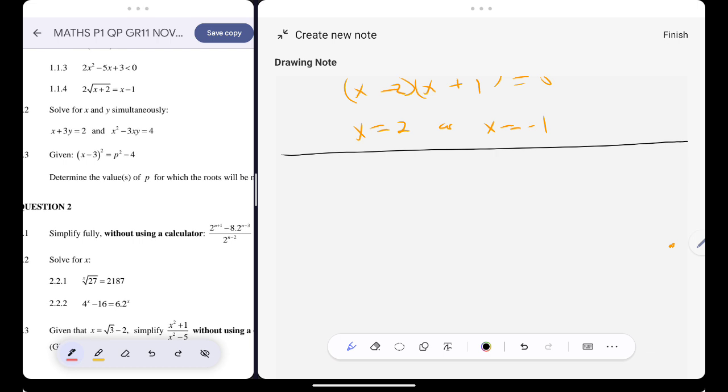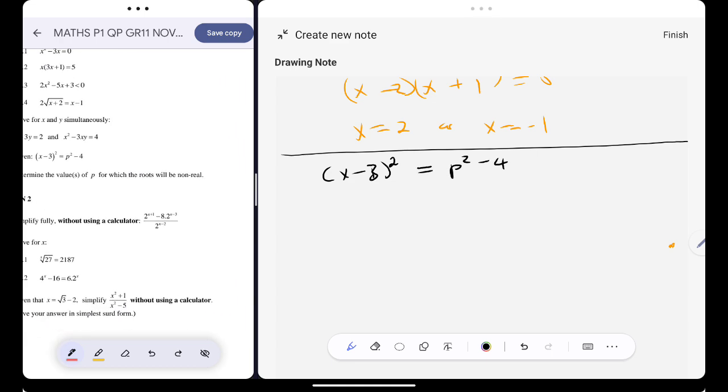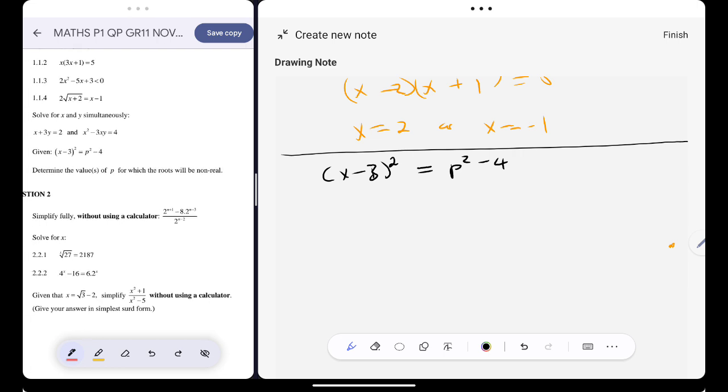We are given x minus 3 squared is equal to p squared minus 4. We must determine the values of p for which the roots would be non-real.